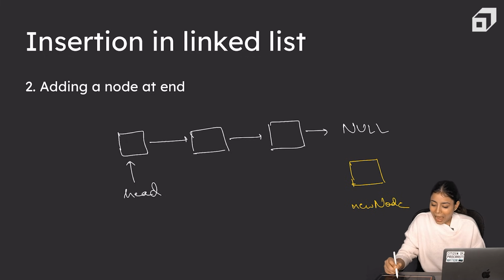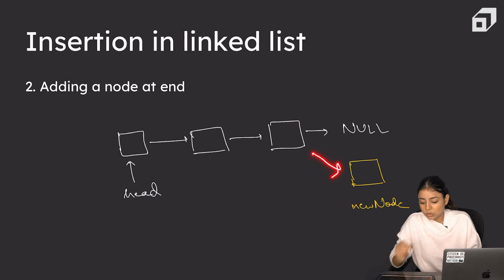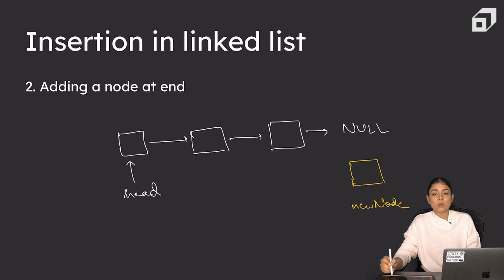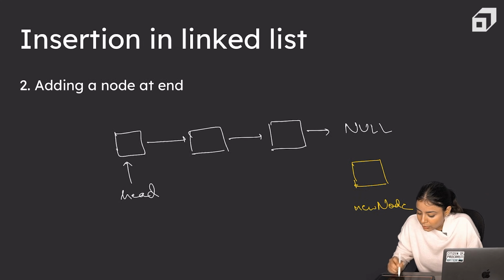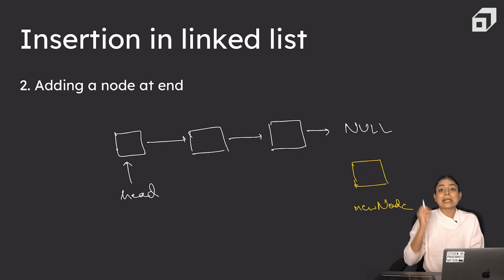Now to add this node at the end, we should be able to change this link. We want the current last node to point to the new node, and that's how I'll be able to add this at the end. So to do that, first of all, I'll need to get access to this last node. What is the current last node of my linked list, so that I can add the new node after it.